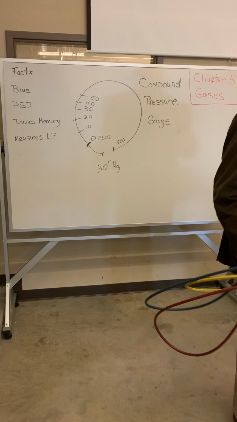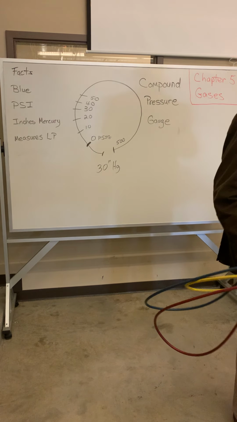Having said that, how do we measure pressure in refrigeration? The answer is that we use the manifold gauge. It is our go-to basic tool for measuring pressure in a refrigerant system.